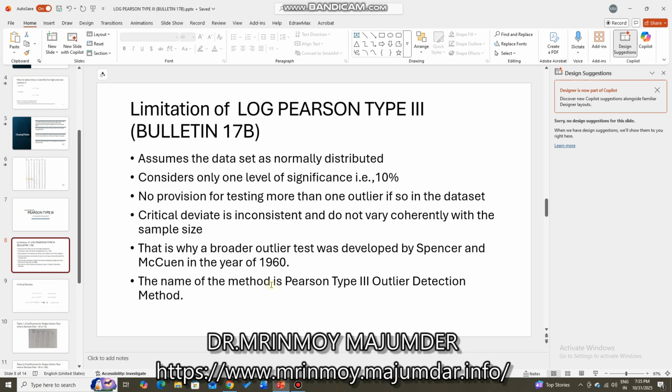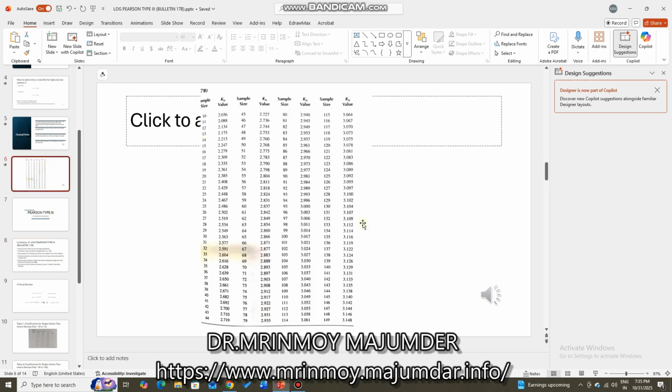So how we calculate this big K differentiates both these methods. In the case of the log Pearson type 3 method, we use this table to find the value of the critical deviate.